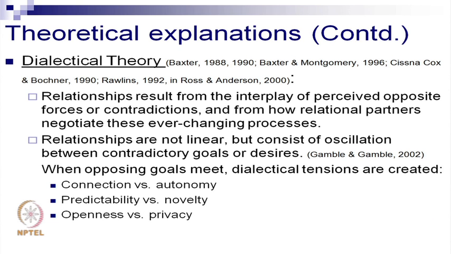Another theory that explains management of relationships or evolution of relationships is the dialectical theory. According to the dialectical theory, relationships result from the interplay of perceived opposite forces or contradictions and from how relational partners negotiate these ever-changing processes.